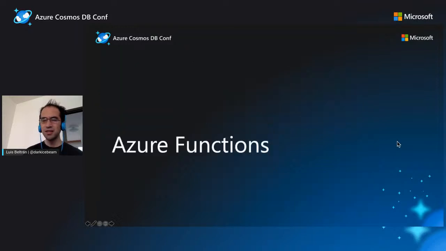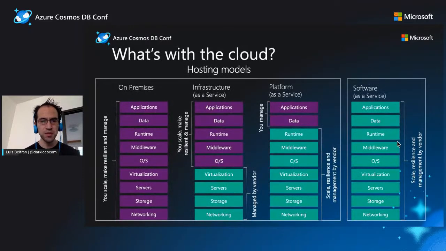So let's get started. You have been learning a lot about Azure Functions and Cosmos DB, so I will go directly to Azure Functions. This is the classic model of hosting models that we have learned about the cloud.